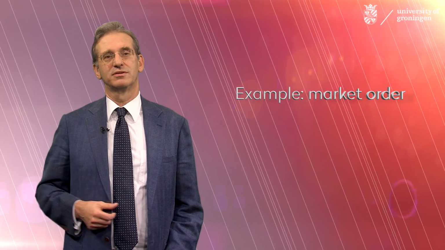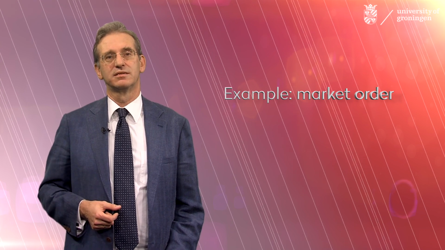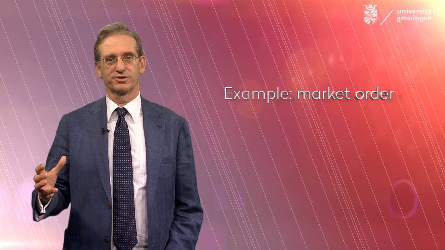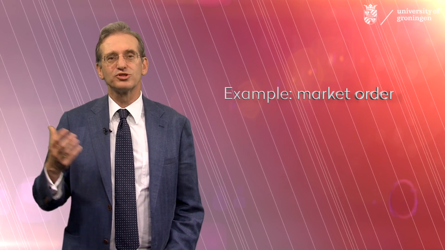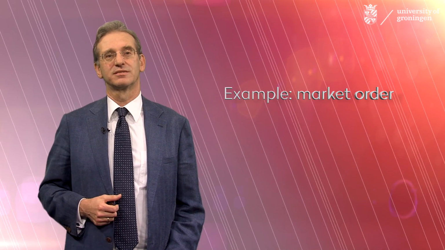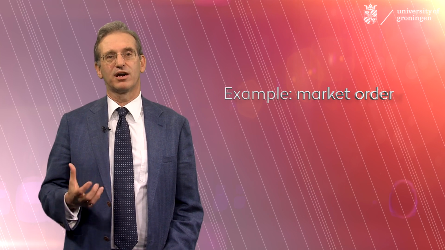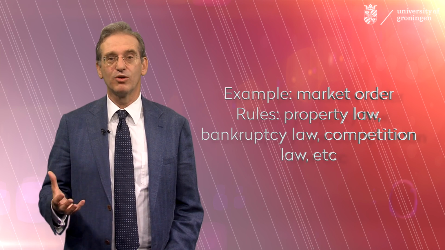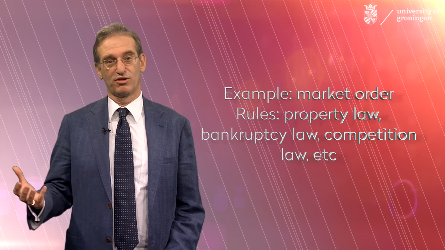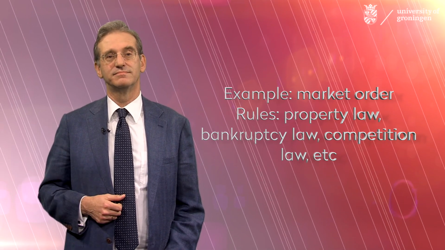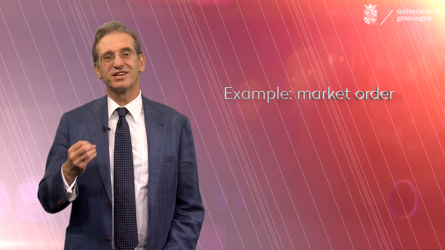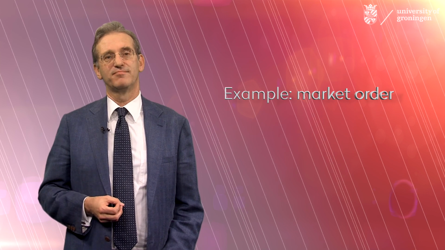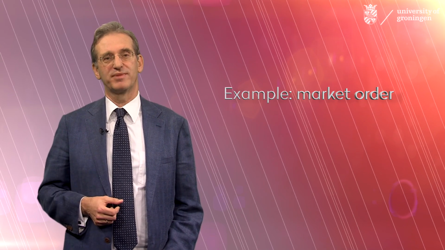Let me give an example to make a little bit more concrete what we mean by an order. And let's describe what I would call the market order. What are the rules and the algorithms that describe a market order? Well, the most important ones are things like property law, bankruptcy law, competition law, etc. So what are the typical general patterns that emerge in a market order described by the rules just mentioned?